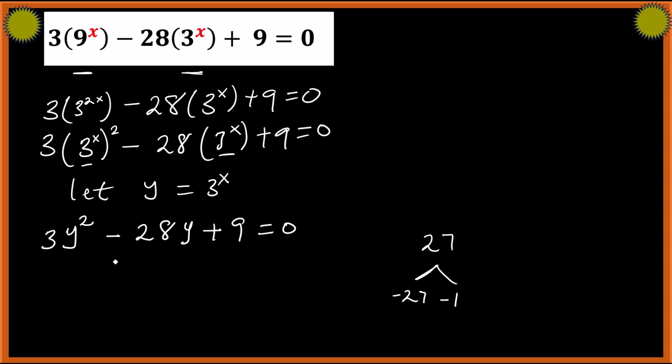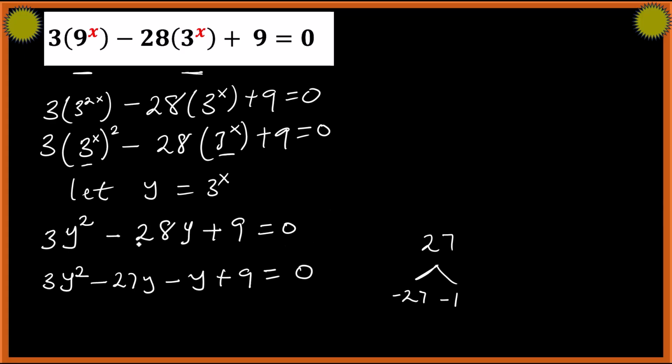So we have 3y squared minus 27y, and this one will be minus 1y, so that will be minus y. It means minus 27 minus 1 is minus 28, plus 9 equals 0.